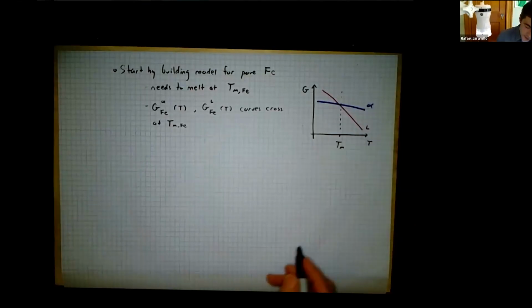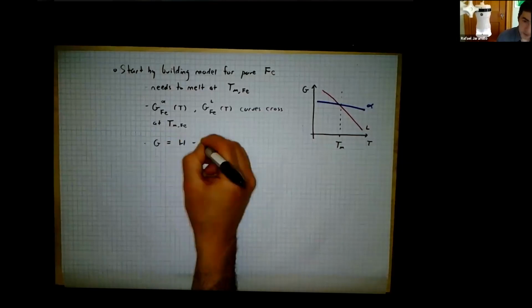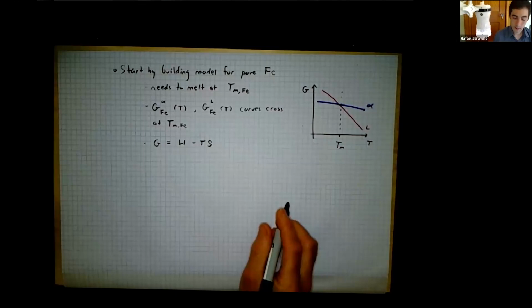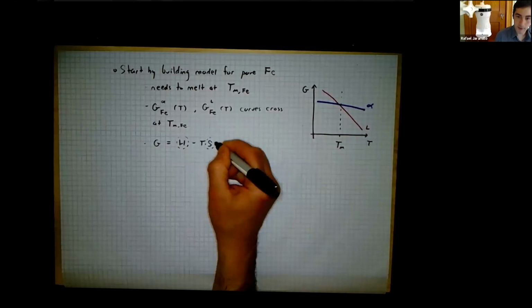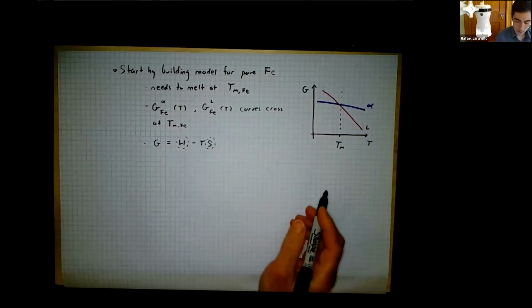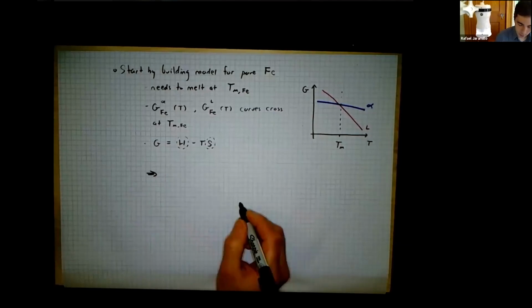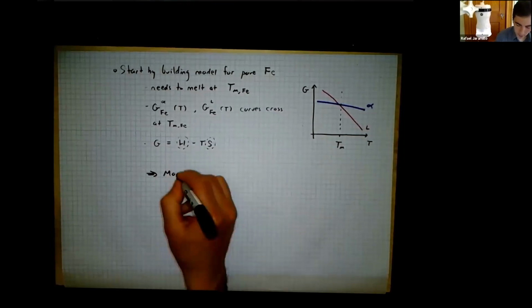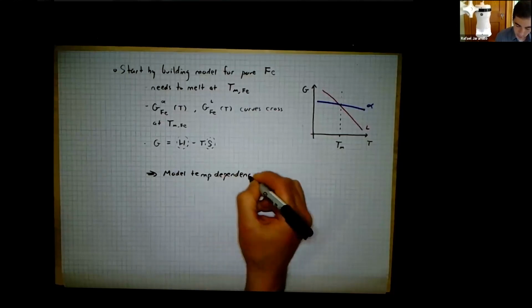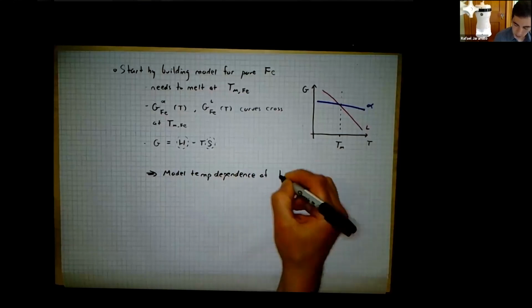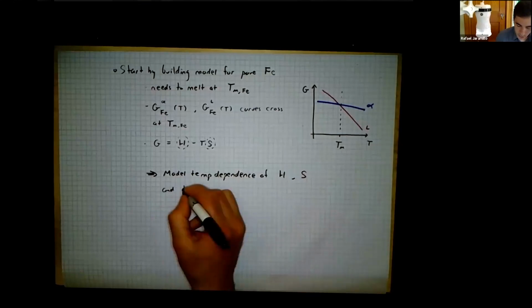And we know that Gibbs equals H minus TS. And we know how to calculate the temperature dependence of these. So what we're going to end up doing is we're going to model the temperature dependence of H and S and the transformation quantities.